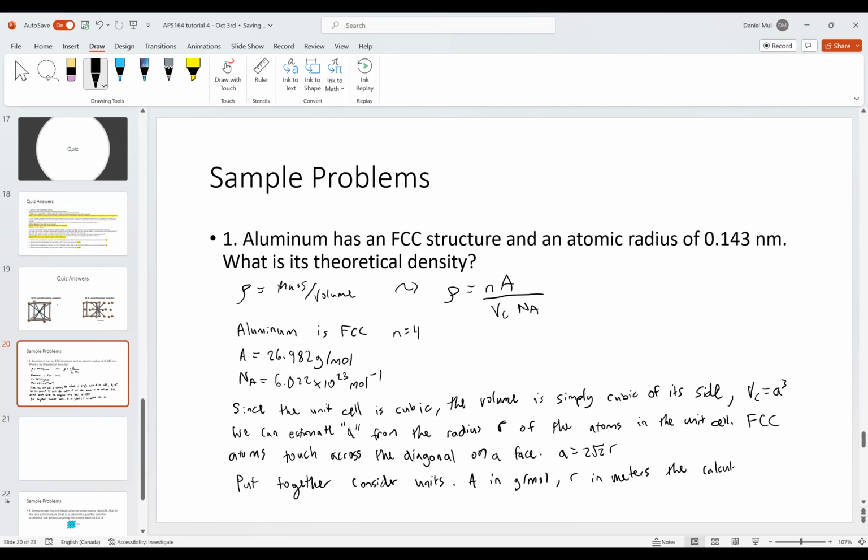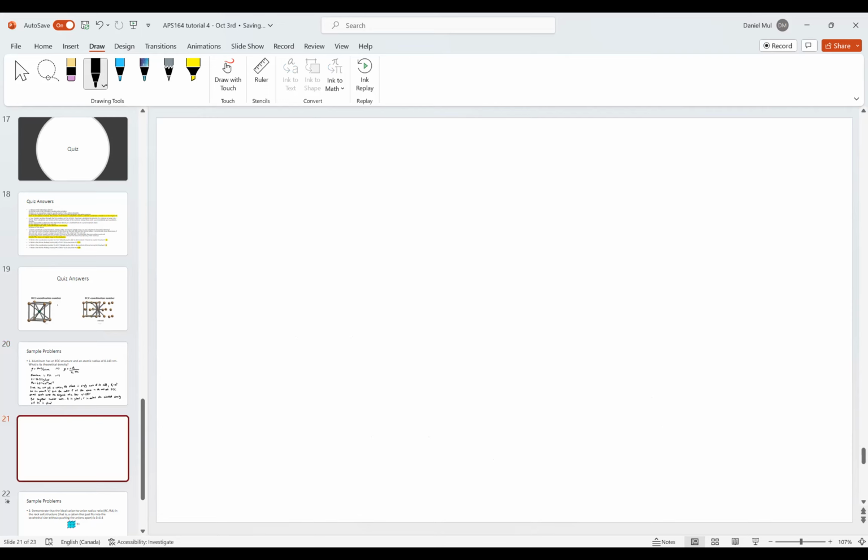The calculated density will be in grams per centimeter cubed. We're just going to plug in based off of that relationship.